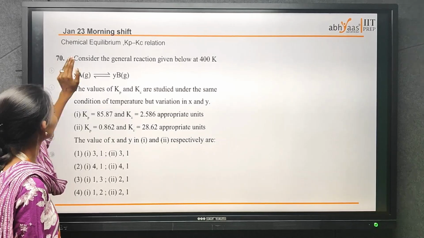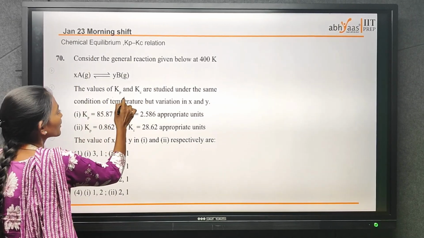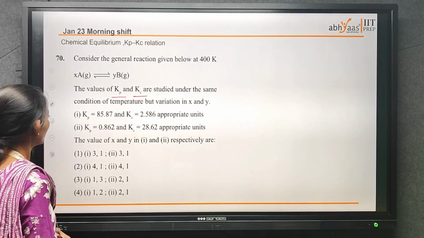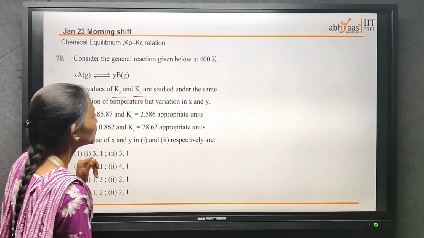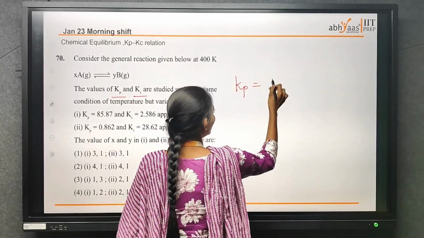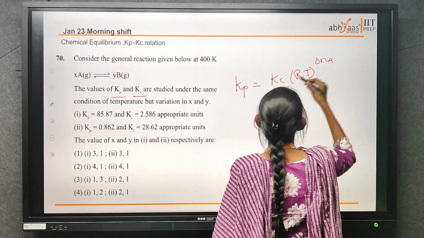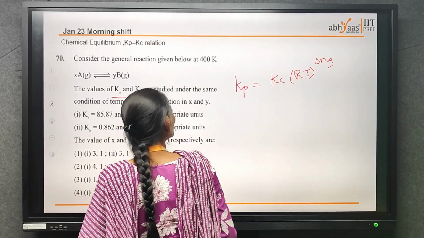Moving on to the next question, consider the general reaction given below at 400 degrees. They are giving the value of Kp and Kc. So if you see the conditions here, you need to apply the formula, which is Kp equals Kc (RT)^(Δng). If you apply this formula for 1 and 2, you will get your answer.